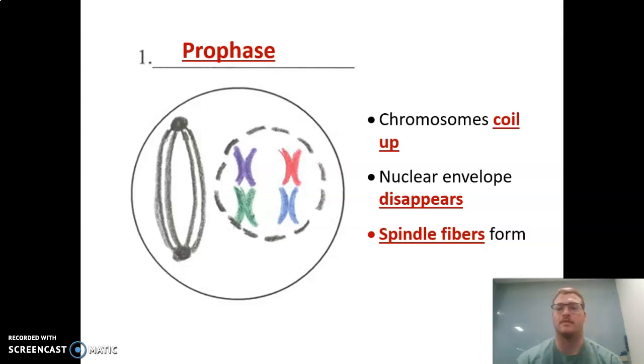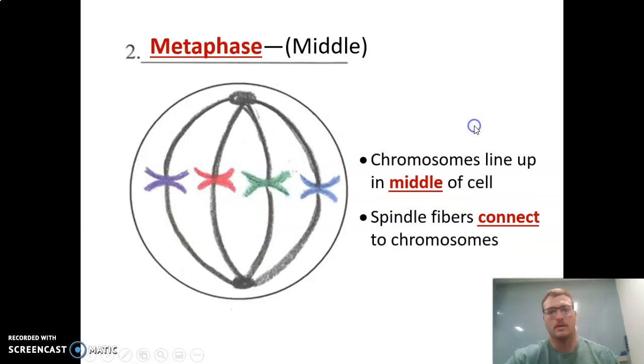So prophase. During this stage, the chromosomes begin to coil up. The nuclear envelope then disappears, and the spindle fibers begin to form. During metaphase, the centrioles migrate to the poles.